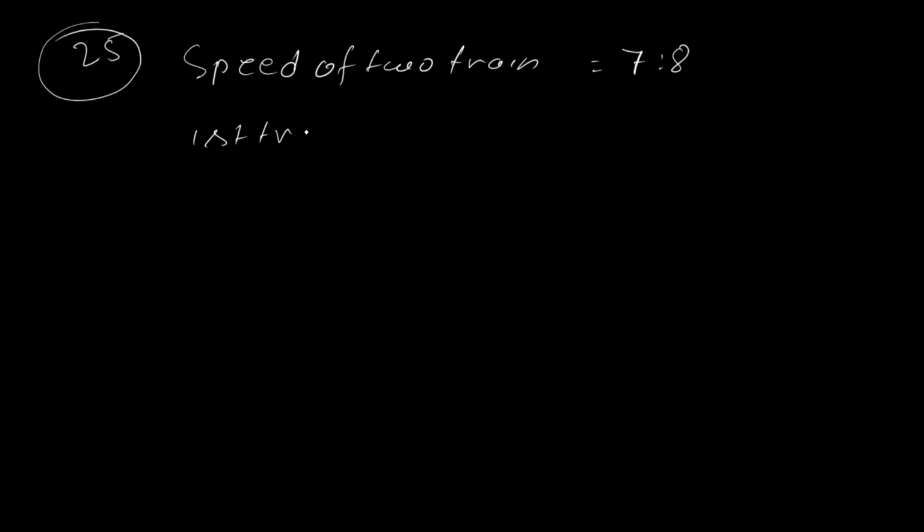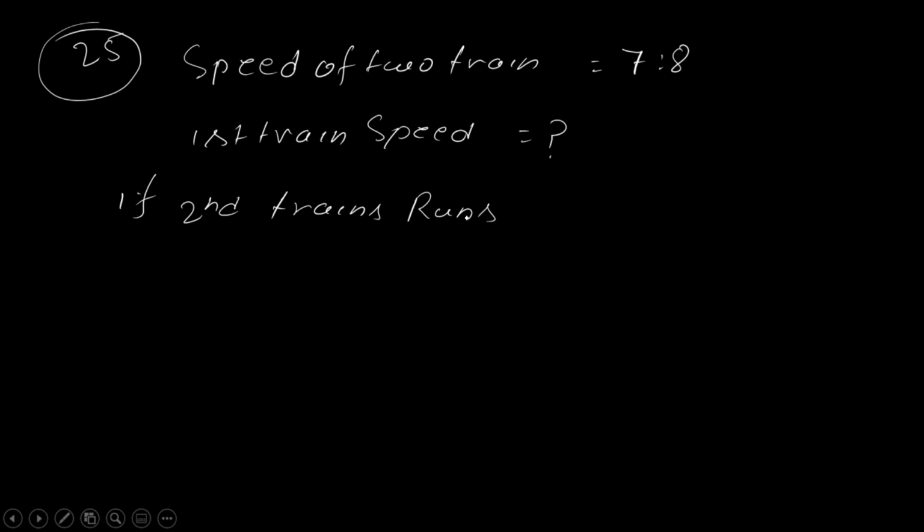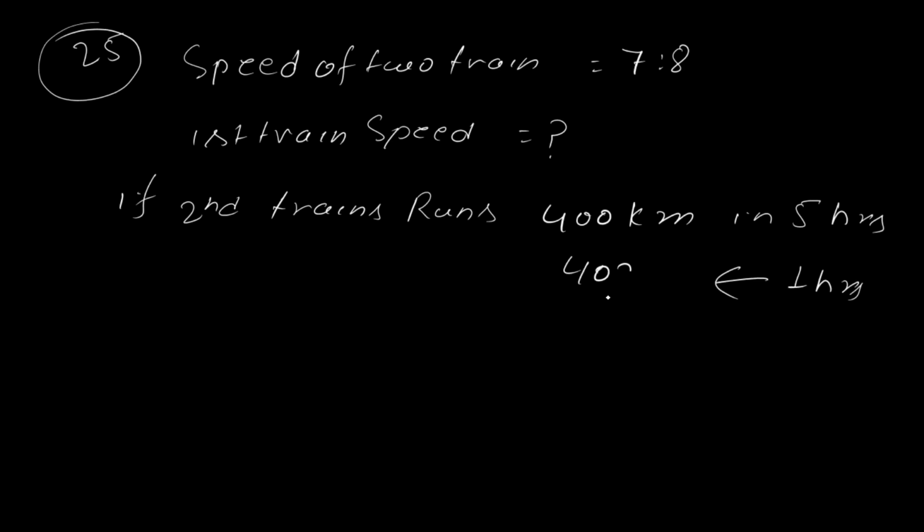First train speed equals what? If the second train runs 400 kilometers in 5 hours, then how much will the second train run in 1 hour? 400 divided by 5, that is 80 kilometers per hour.